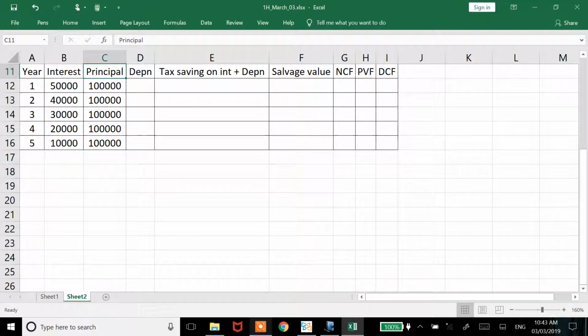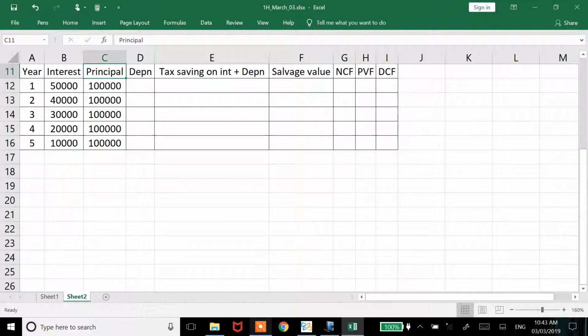Can you tell me what's the depreciation per annum? Read the question carefully.